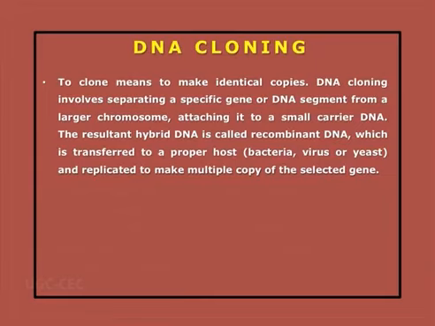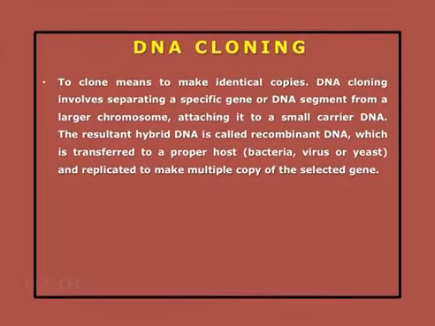After that, this recombinant DNA is introduced inside a suitable host by the mechanism of transformation, transfection or transduction. Once this recombinant DNA gets inside their suitable hosts, it makes many copies of that gene. Thereby, we can get hold of many copies of our desired gene.